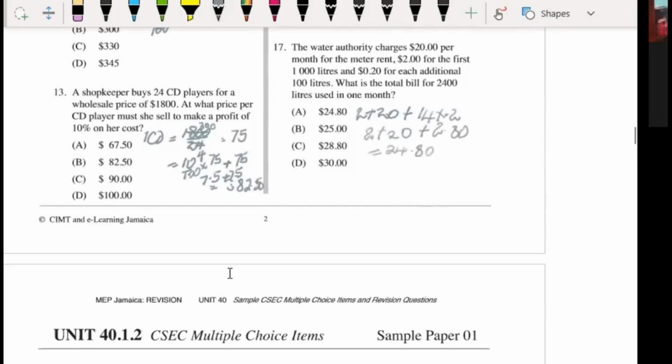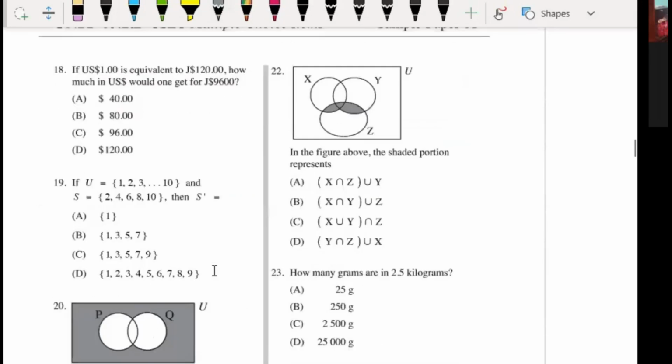Okay. So we'll come to the end because we're doing 20 questions. If $1 is equivalent to 120 Jamaican dollars, how much in US would one get for 9,600 Jamaican dollars? Okay. The way I normally do, you say 120 Jamaican dollars equal 1 US.